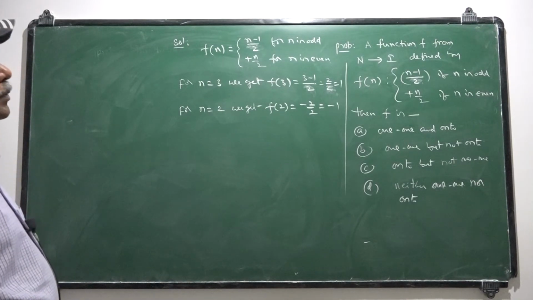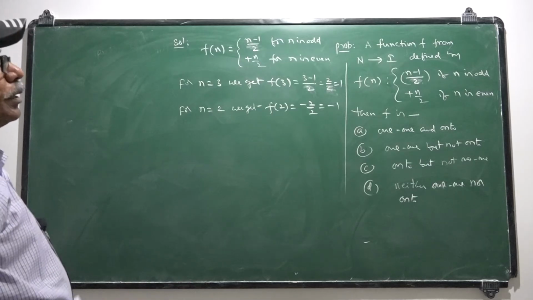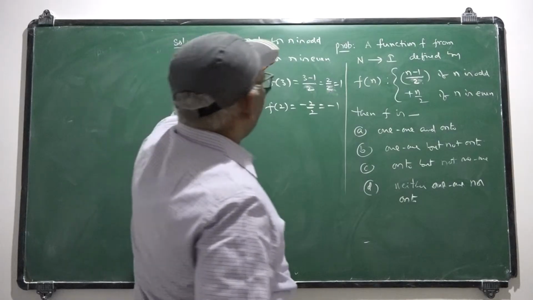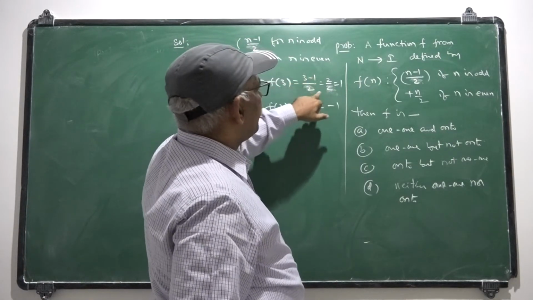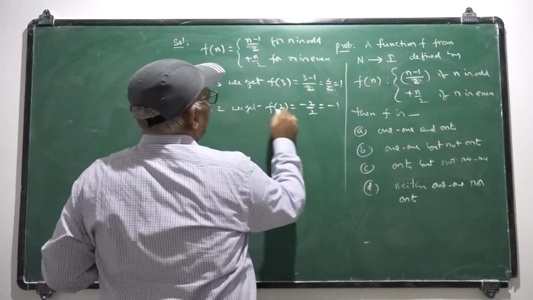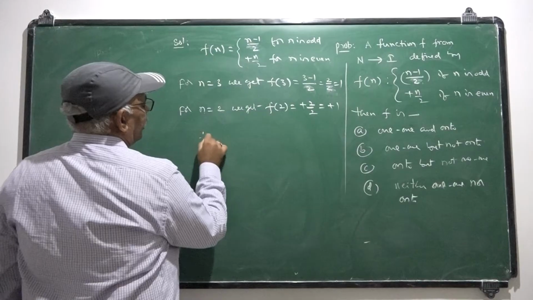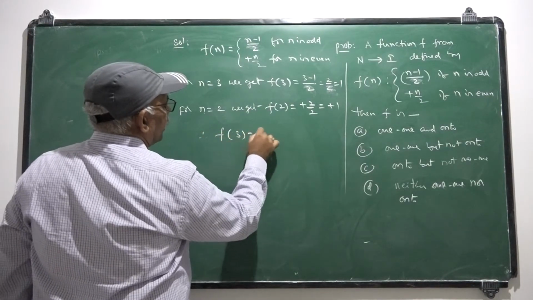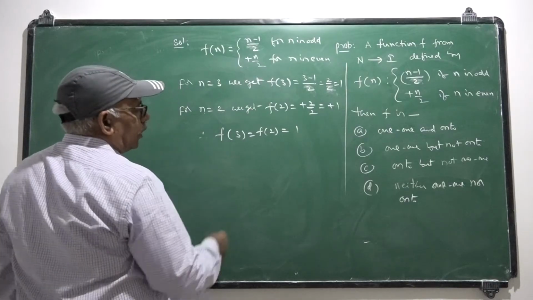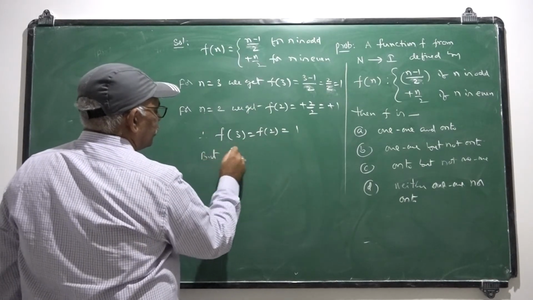So f of n is n minus 1 by 2 for n odd and n by 2 for n even. If f is defined in such a way, for n equal to 3, an odd integer, f of 3 is 3 minus 1 by 2, that is 2 by 2, 1. Similarly, for n equal to 2, even, f of 2 is plus 1. So f of 3 equal to f of 2 equal to 1, but 3 is not equal to 2.